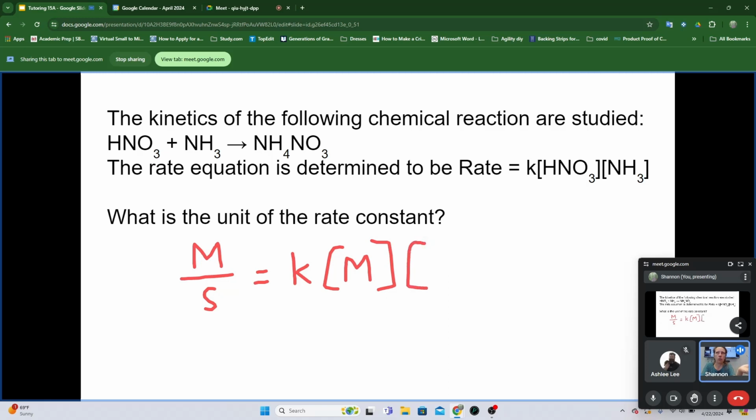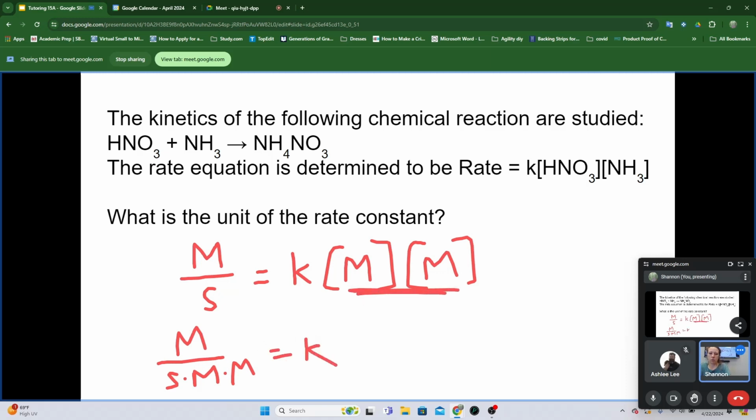And what are the units for NH3 concentration? Also molarity. So to get K by itself, it's going to be molarity divided by seconds times molarity times molarity, right? I'm dividing by both of these, equals K.